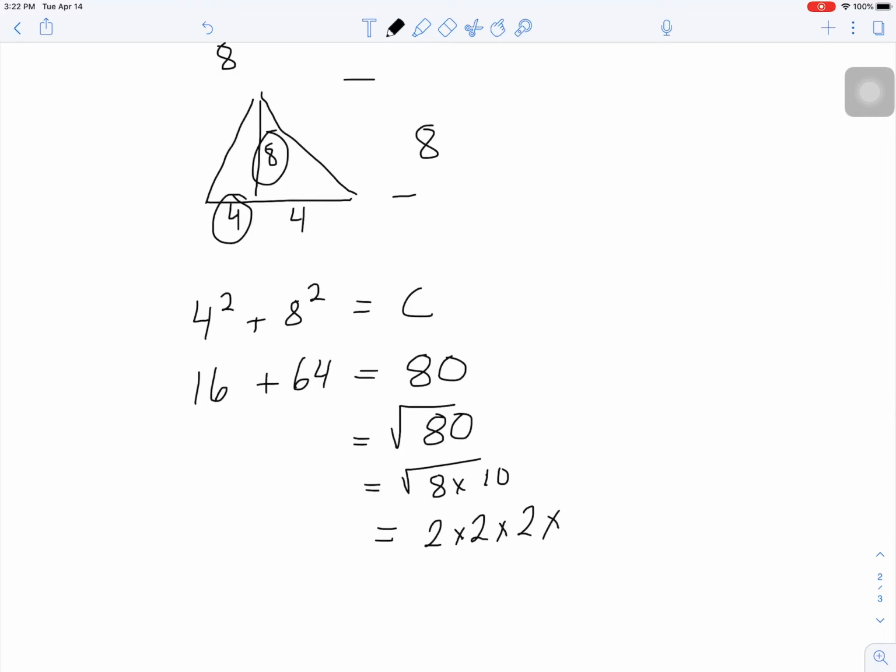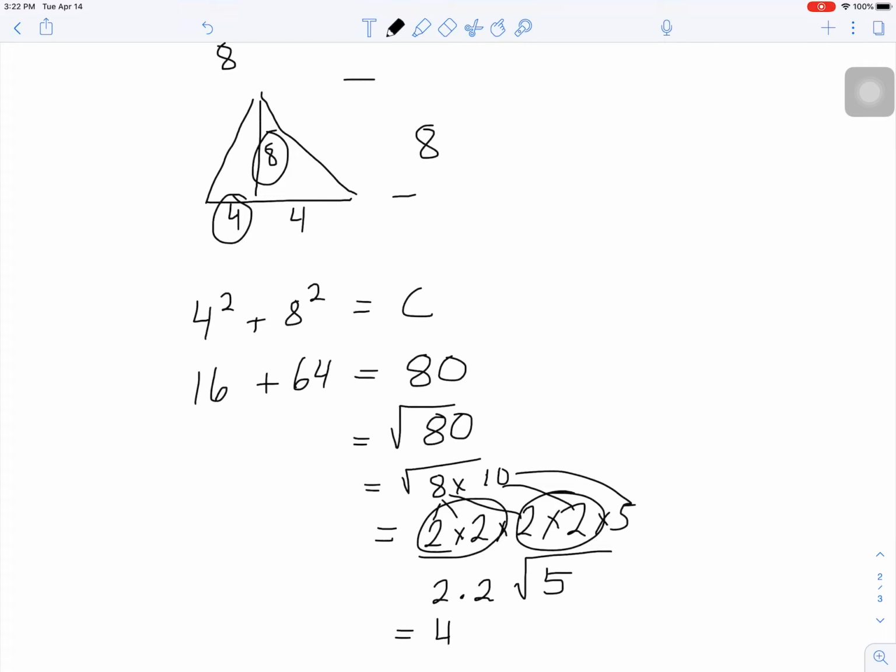It's 2 times 2 times 2 times 2 times 5. So 8 is 2 times 2 times 2, and 10 is 2 times 5. So you can see we got two groups of 2, we can pull them out. That would be 2 times 2, right? That's outside, times the square root of 5, or it would be 4 times the square root of 5.